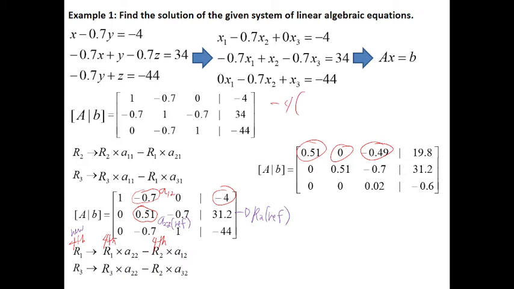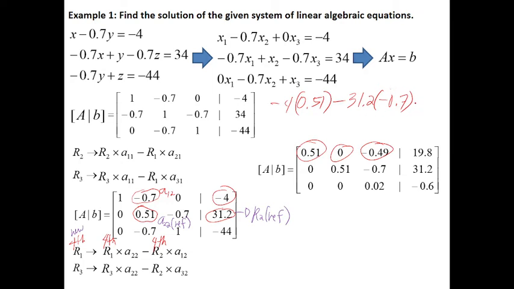Negative 4 multiplied by A22, that is 0.51. Minus R2 fourth element, 31.2. Multiplied by A12, negative 0.7. Okay. So, resulta niya? Ang resulta niyan ay 19.8.